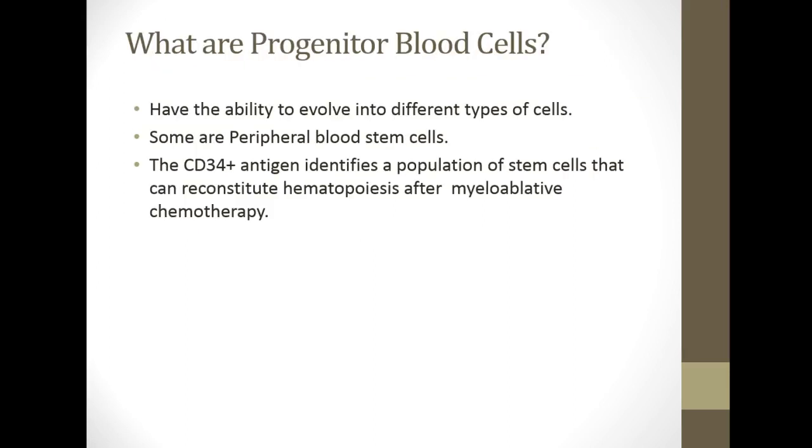So what are those progenitor cells that we're talking about? Well, these have the ability to evolve into many different types of cells. Some are peripheral blood stem cells, and the CD34 antigen identifies a population of stem cells that can reconstitute hematopoiesis after a myeloablative chemotherapy. So let's put this into perspective. Patient has Hodgkin's lymphoma.